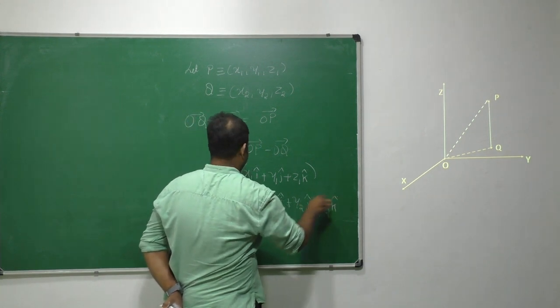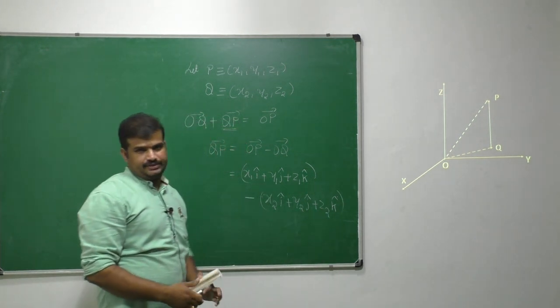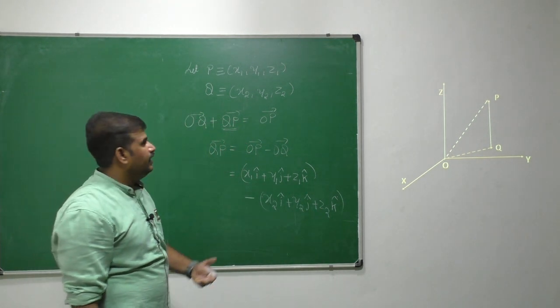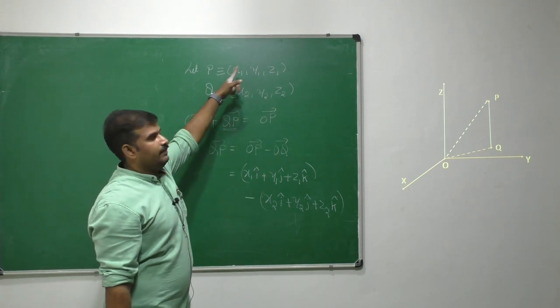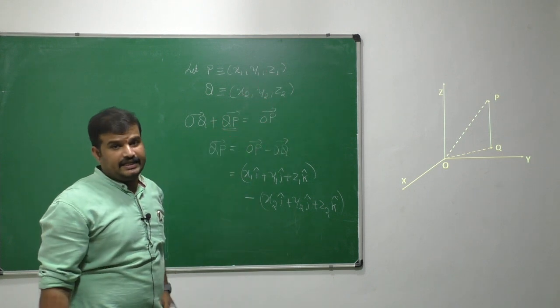You may ask how this is so. I have already discussed it: if the coordinates of points are known, their position vector is always x1 i cap plus y1 j cap plus z1 k cap in component form.